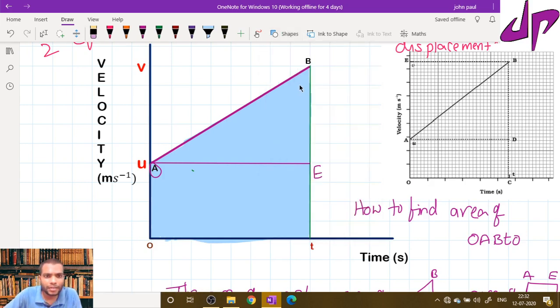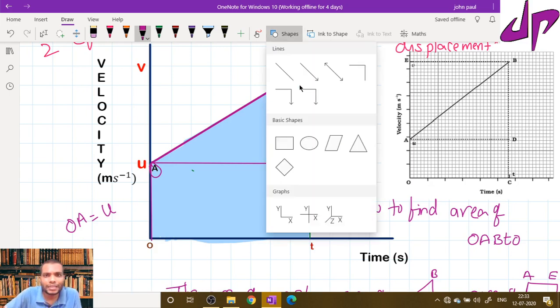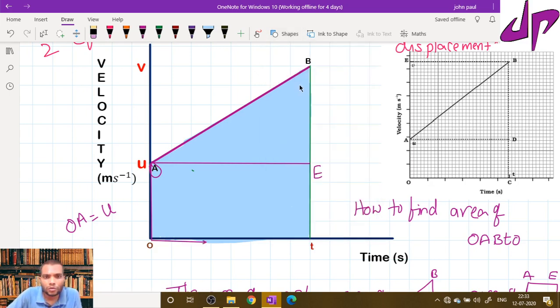From the first equation we derived, OA, since it is on the y-axis, is equal to the initial velocity U. OA is parallel to ET, so both have the same value. Similarly, the value of OT is equal to T itself.